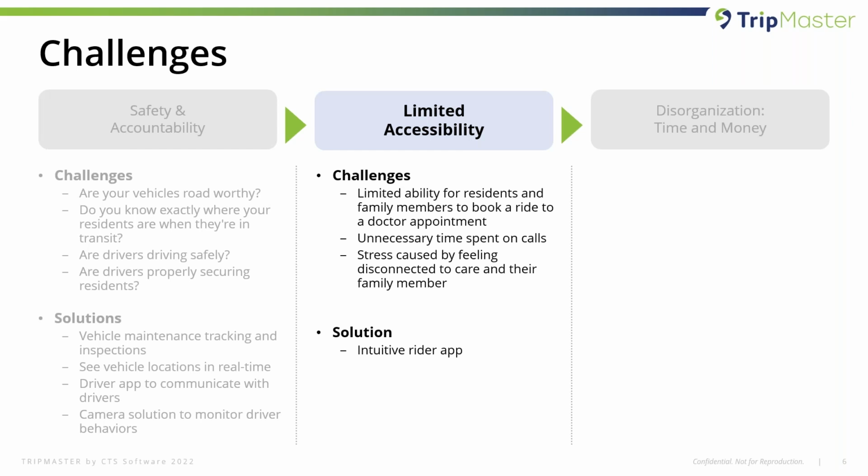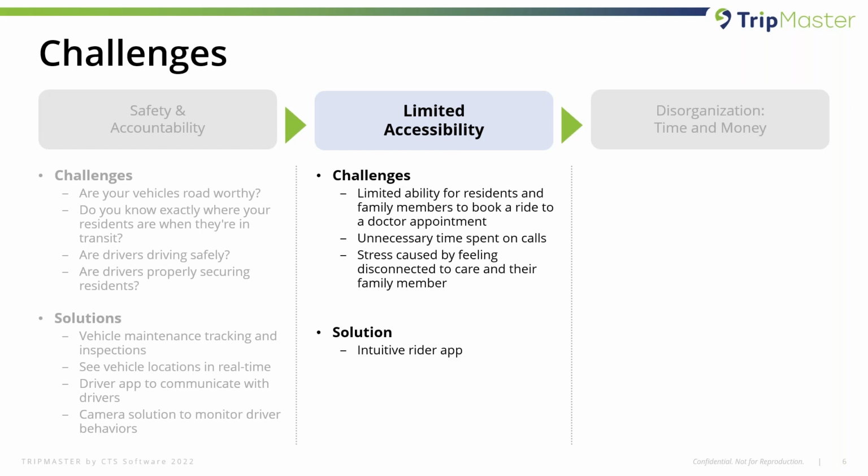And our solution for this is we have a really, really intuitive rider app. I don't think we'll show you that one now, because we showed you the driver app, and it's very similar to the driver app in that simplistic nature. There's not an easy button that you push, but it is darn close to that.